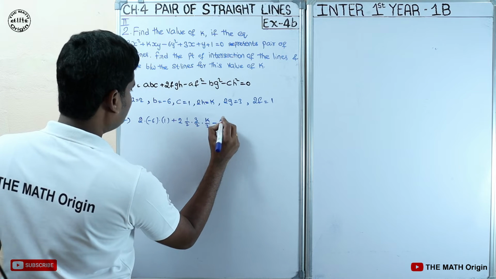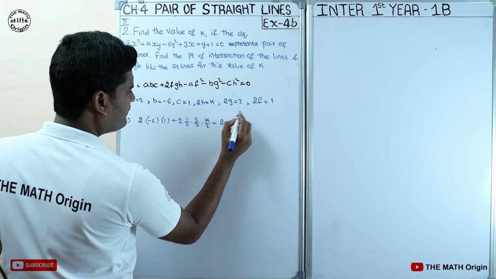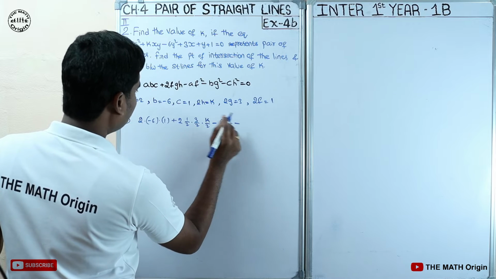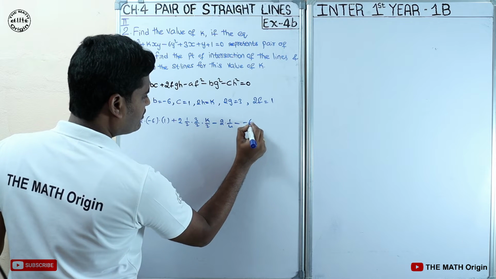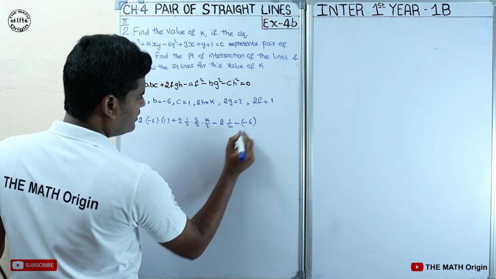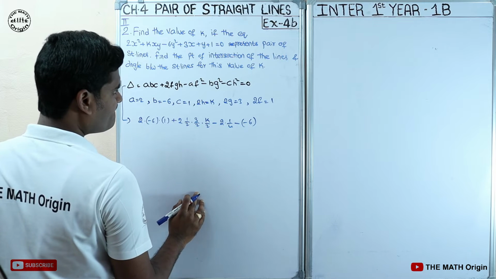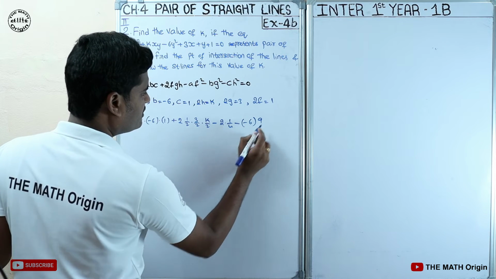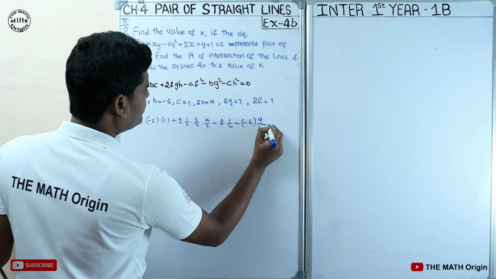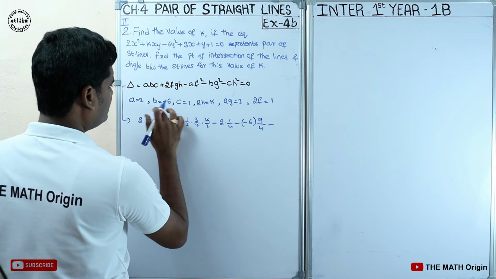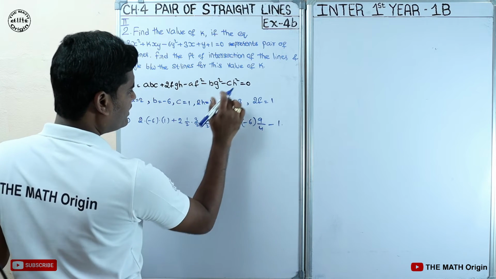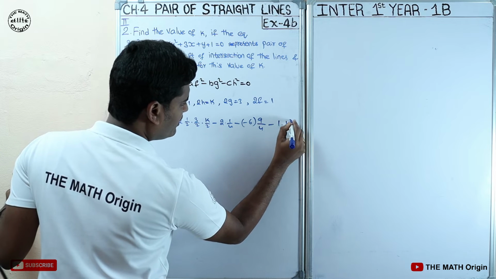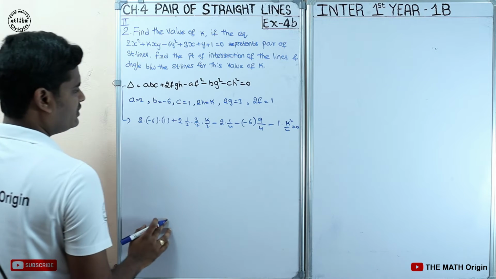minus a into f square, 1/4, minus b, minus of minus b into g square, 3 square is 9/4, minus c which is 1 into h square, means k square by 4, is equal to 0.